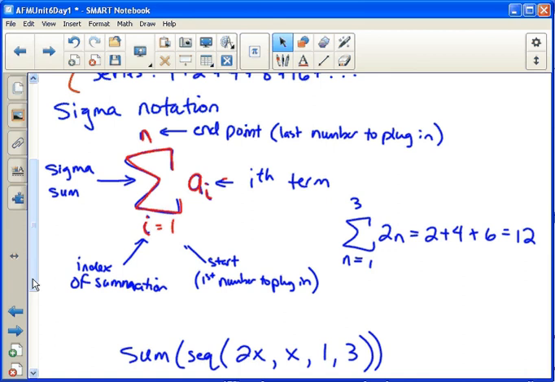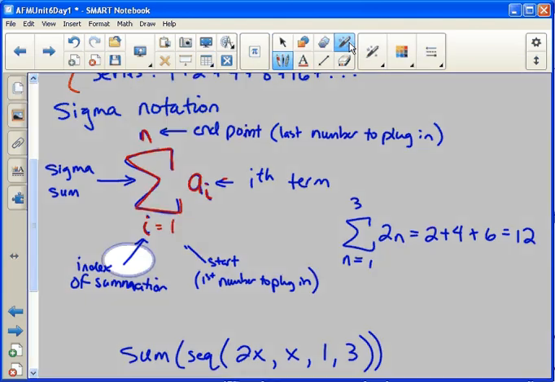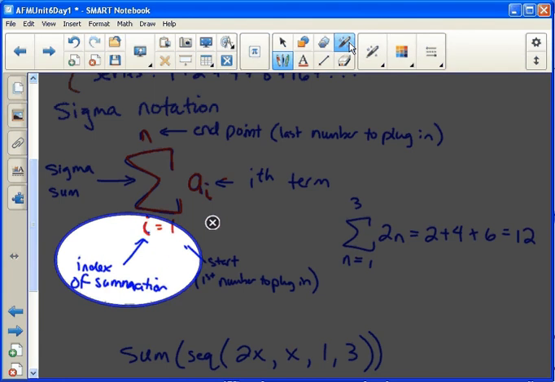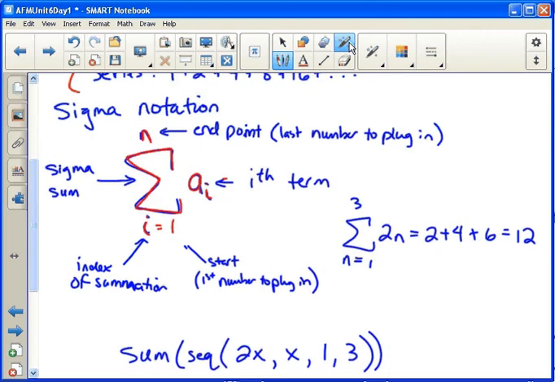Now, the endpoint, sorry, let me start at the bottom. I is the index of summation. So let me make sure you know where I'm looking. I'm looking right here. So I is the index of summation. You don't need to remember the term index of summation. What you need to know is whatever variable is there, that's your variable for this equation. That's not too big of a deal in our class, but later on you may have times where there's more than one variable, and that's telling you which one you need to plug your numbers into.